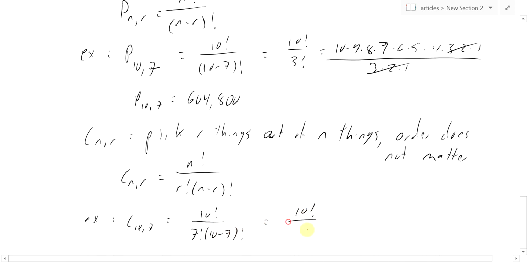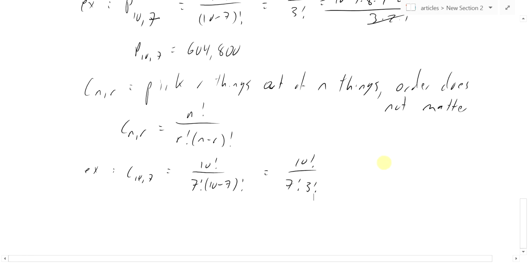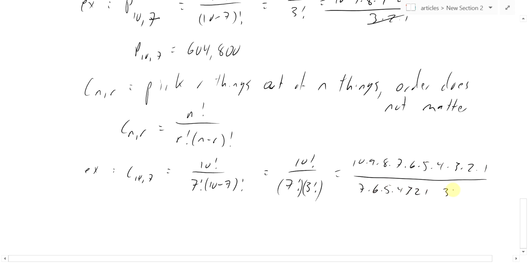So 10 factorial over 7 factorial times 3 factorial. And note that I should have parentheses around these because you take the factorial first and then you do the multiplication. So this is 10 times 9 times 8 times 7 times 6 times 5, 4, 3, 2, 1, all over 7 times 6 times 5 times 4 times 3 times 2 times 1 times 3 times 2 times 1. So again, dividing factorials, we can cancel that out with that.